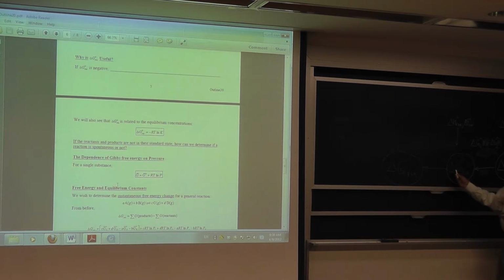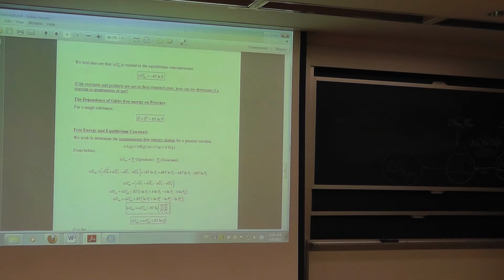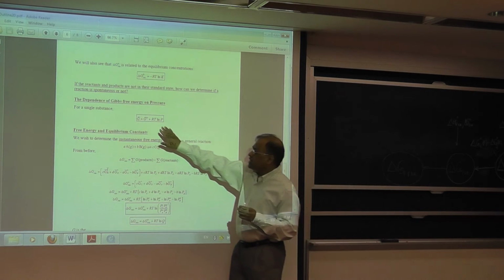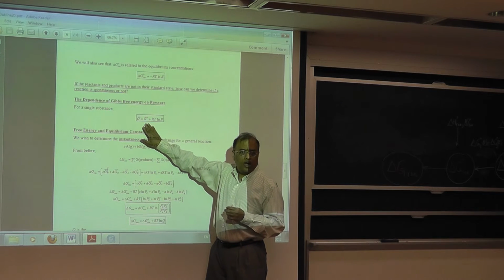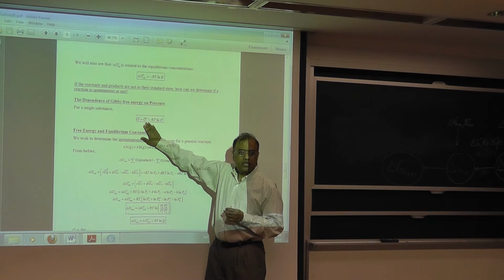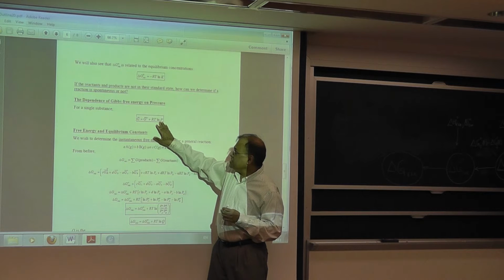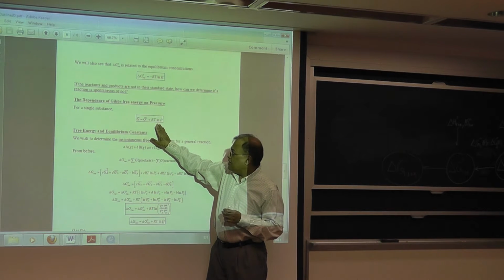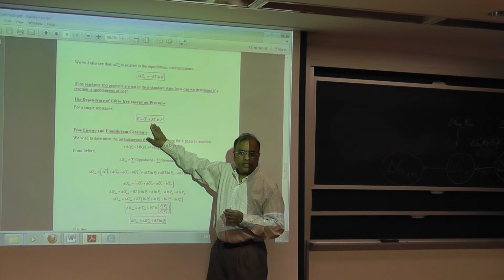So the question is, how do we go from delta G naught reaction to delta G reaction? And the answer is that the Gibbs free energy of a pure substance depends on pressure via this equation here. Where did this equation come from?